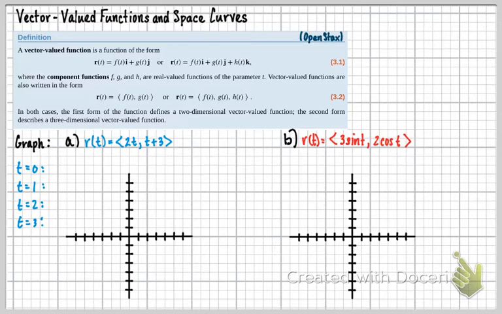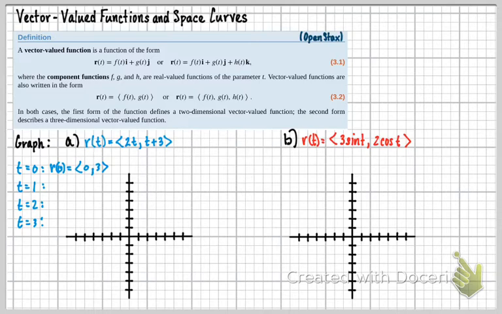So first off, I'm going to do t equals 0. That just means I'm looking at r(0), and I'm just going to plug in 0 for t here. The first one's going to give me 0 because 2 times 0 is 0, and this is going to be 0 plus 3 is 3. Honestly, this is just some simple algebra to come up with these vectors.